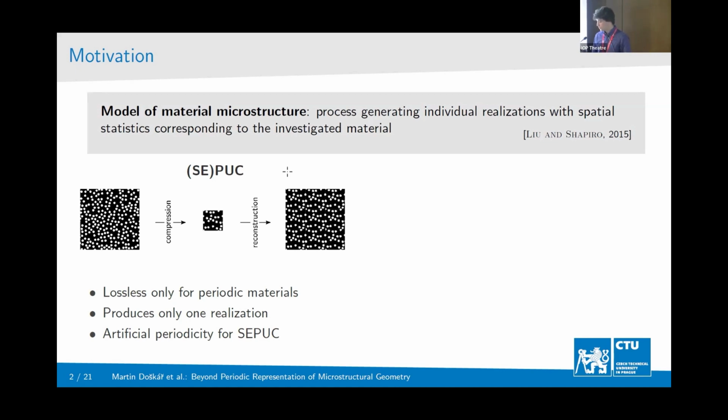But such a representation of your microstructure cannot be used if you want to go to problems where there is no separation of scales, or when you want to use this kind of representation to create reconstructions of larger specimens. And there are two main problems with that, because once you have your periodic unit cell, you can always get just one realization of your microstructure, nothing more. And there is also some kind of artificial periodicity in that reconstructed sample.